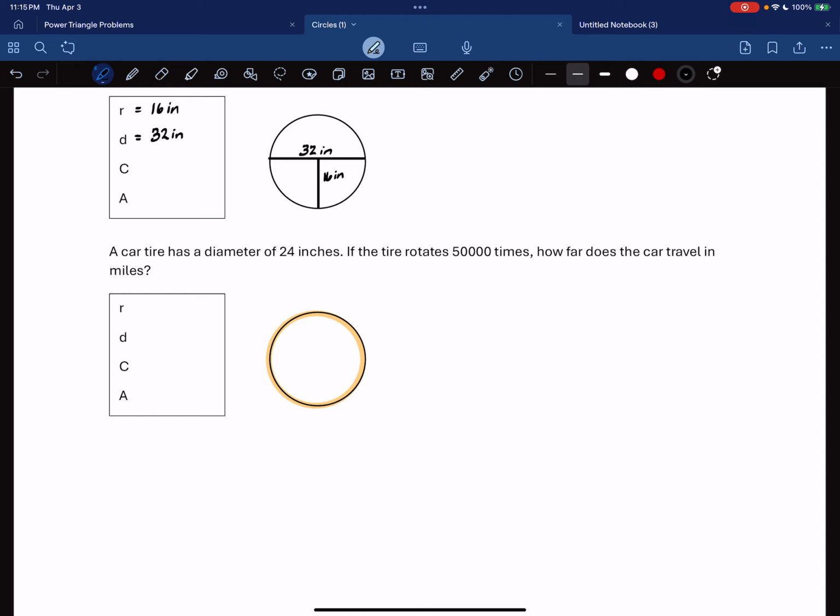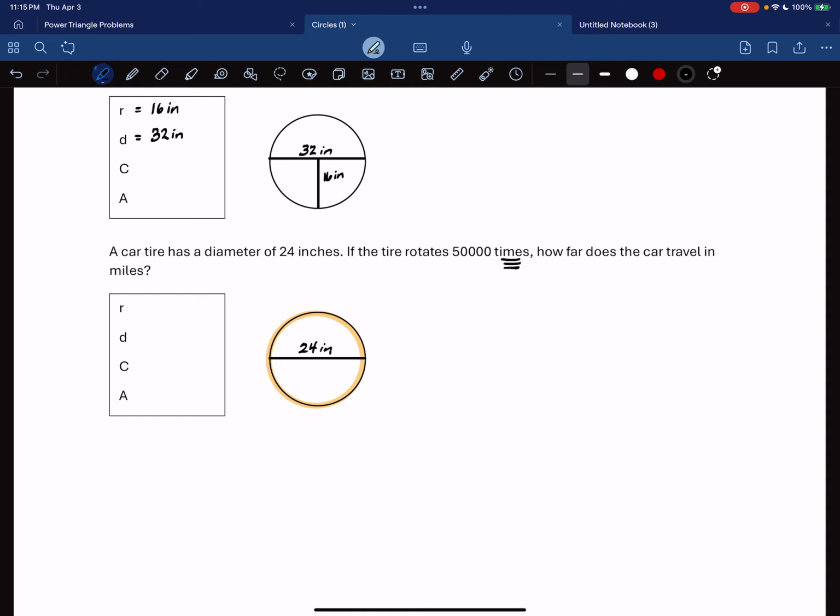A car tire has a diameter of 24 inches. If the tire rotates 50,000 times, how far does the car travel in miles?